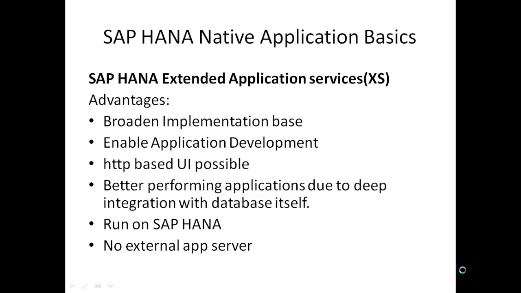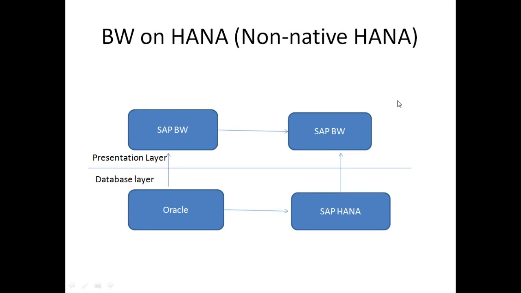So moving on, I have a small slide on BW on HANA. So what it means is it's a non-native application. So how it works is, here we can see that Oracle is connected to BW in an original scenario, and what we do is we transform the Oracle database into SAP HANA using one of the different methods we discussed before, and then we upgrade BW to whatever the current version is, or whatever version works on HANA, and then we connect the SAP HANA to BW.